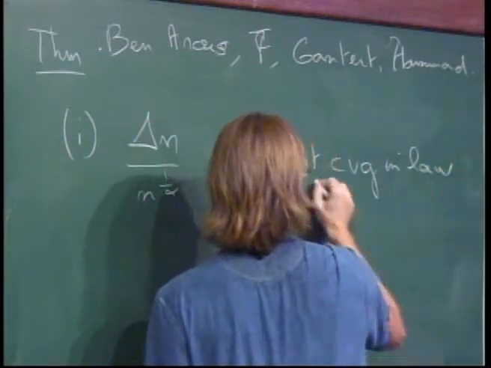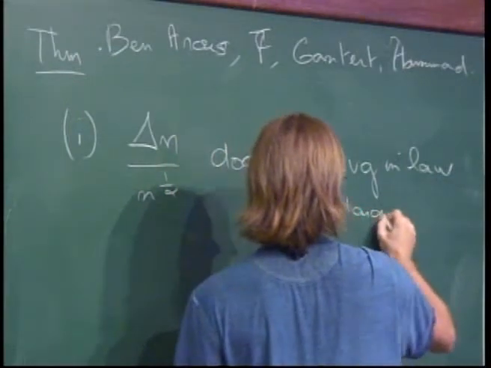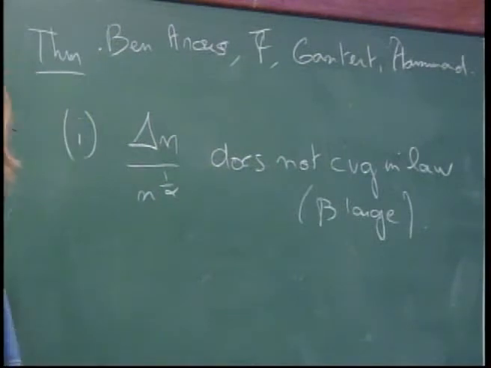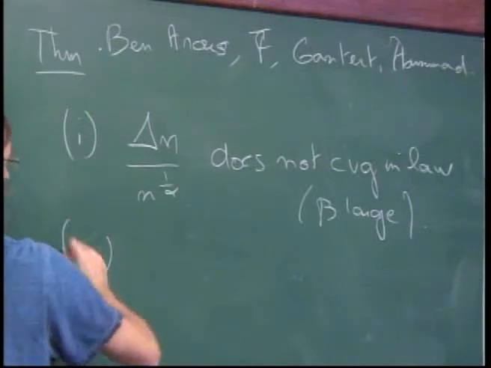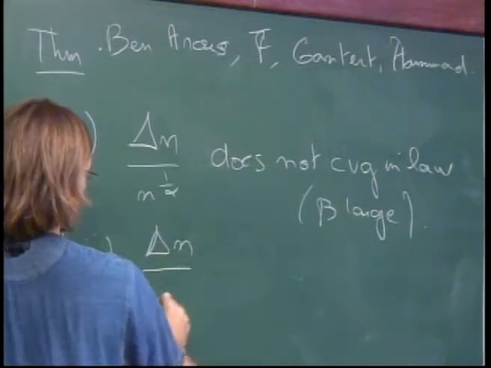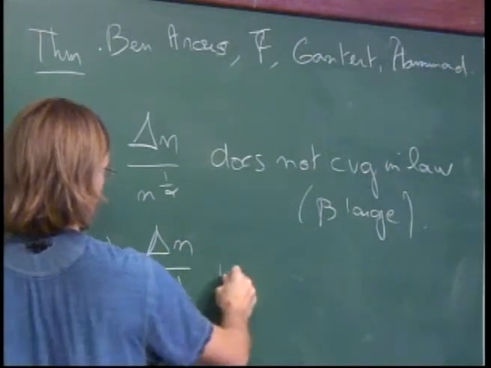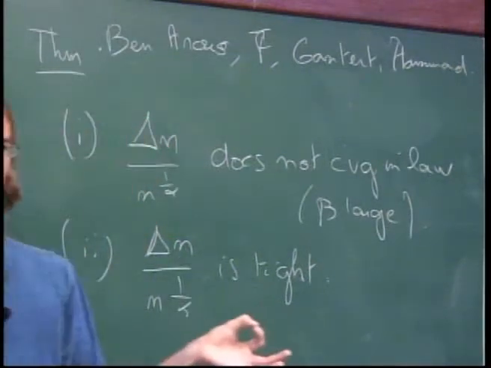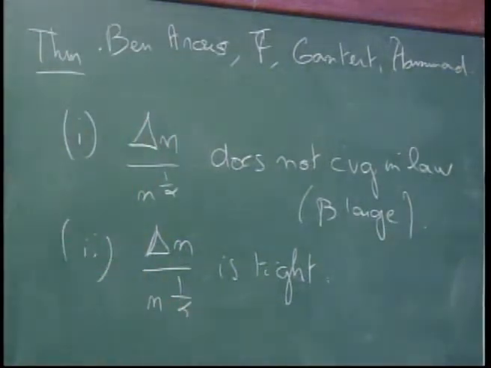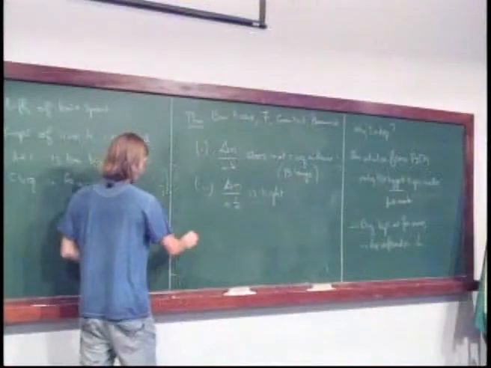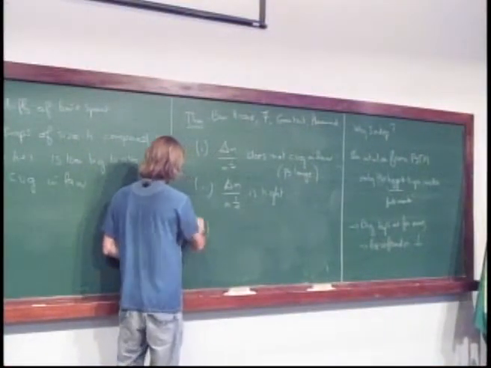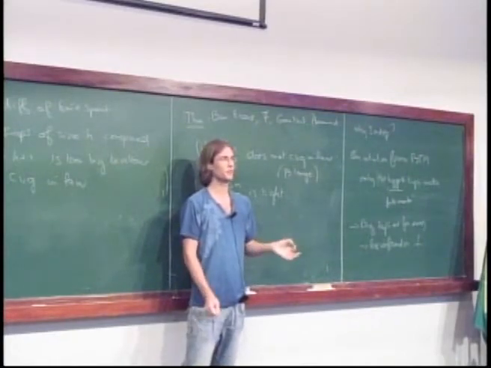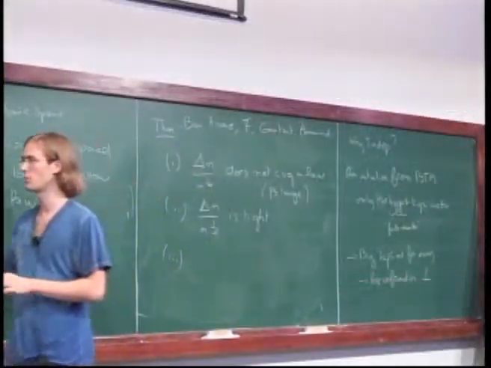We prove this for beta large. So we don't have convergence in law. Yet what we can prove is that the scaling is the right one. It's the right order of variations. And the third and most important part is you can still prove some results of convergence in law, even in this case where we have this lattice effect.